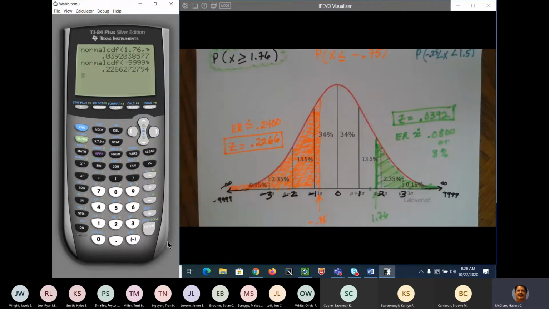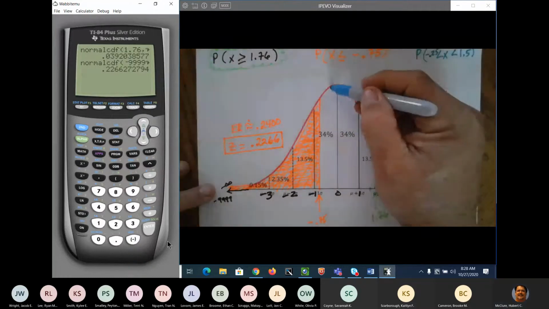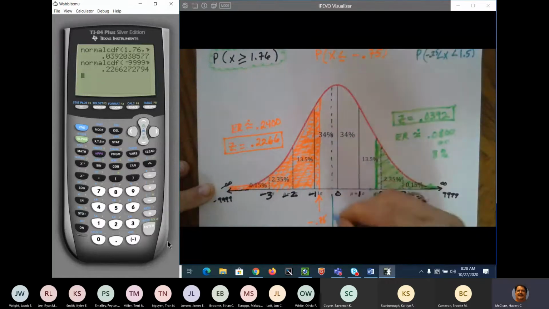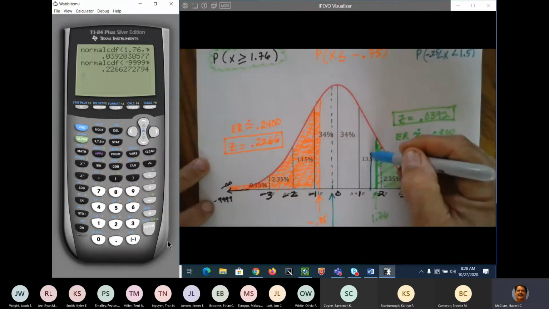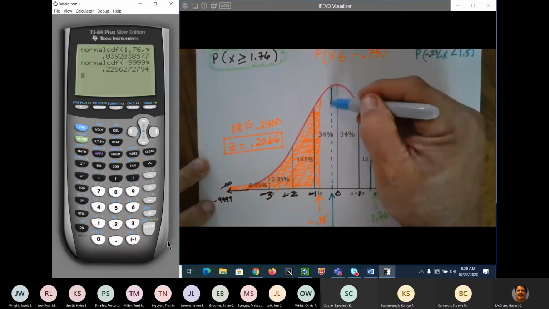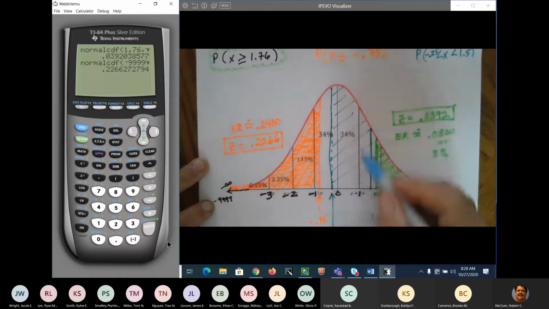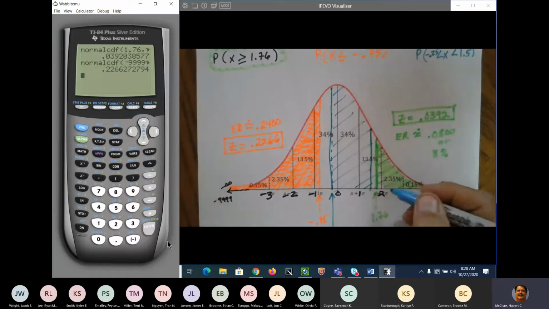Okay, now in blue, we're going to do negative 0.25 and 1.5. Okay, well, half of 13 is 6.